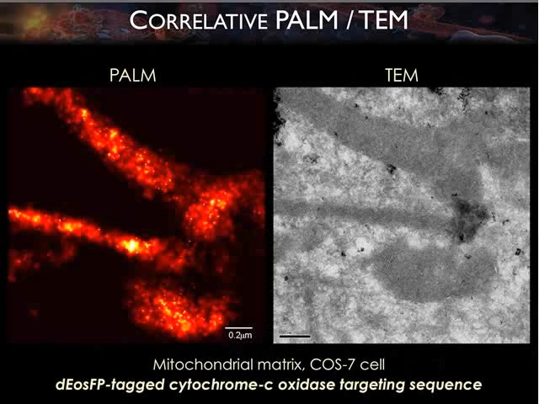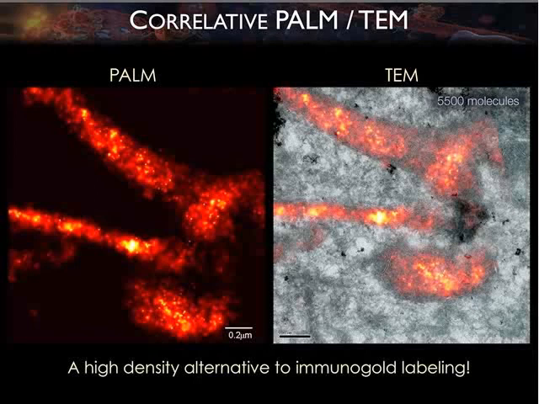Now, you can take these images and correlate them with transmission EM, as shown in this example here, where we're looking at a mitochondrial matrix targeted switchable protein, and if we superimpose the PALM image with a transmission EM, you can see very nicely the mitochondrial marker is distributing where it should be in the mitochondrial matrix region, which we think provides a really amazing alternative to immunogold labeling for high-density labeling of samples.